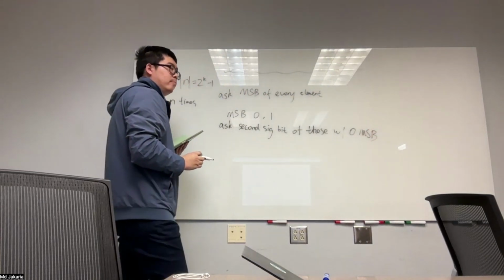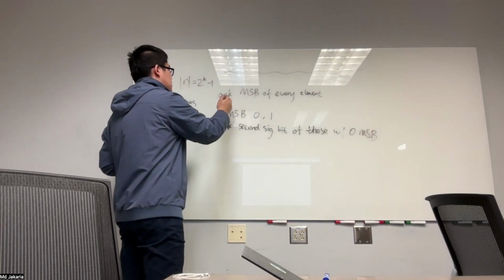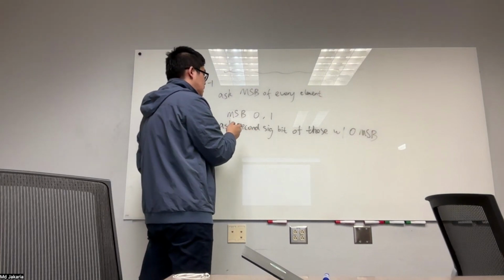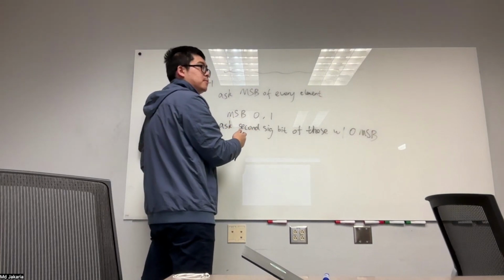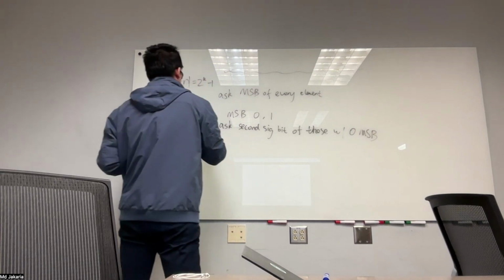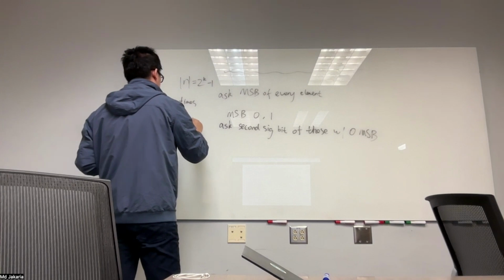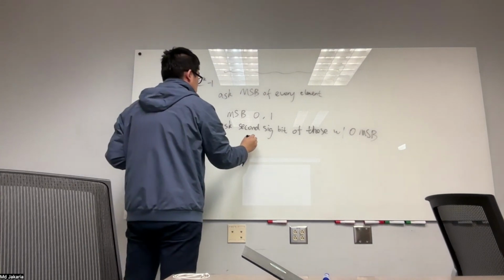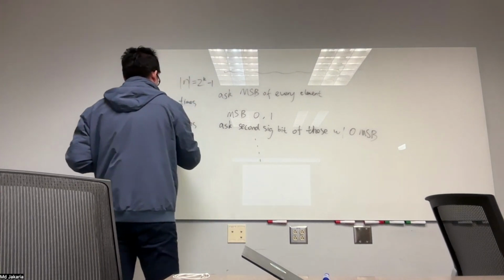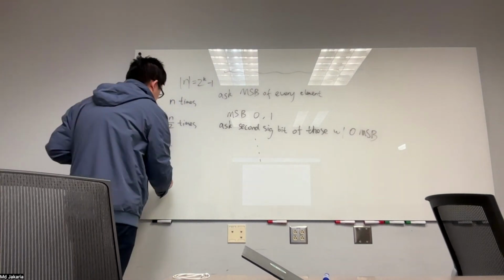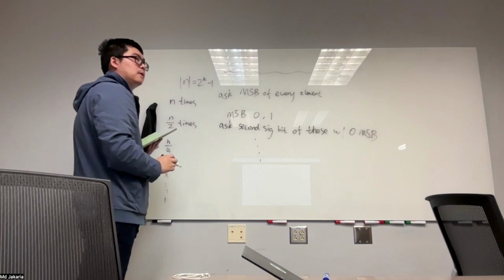All right. And using the exact same reasoning as above, we get to know exactly the second most significant bit of the missing number. And now we have done it n divided by 2 times. Okay, and so on and so forth: n divided by 4, n divided by 8, up until 1.